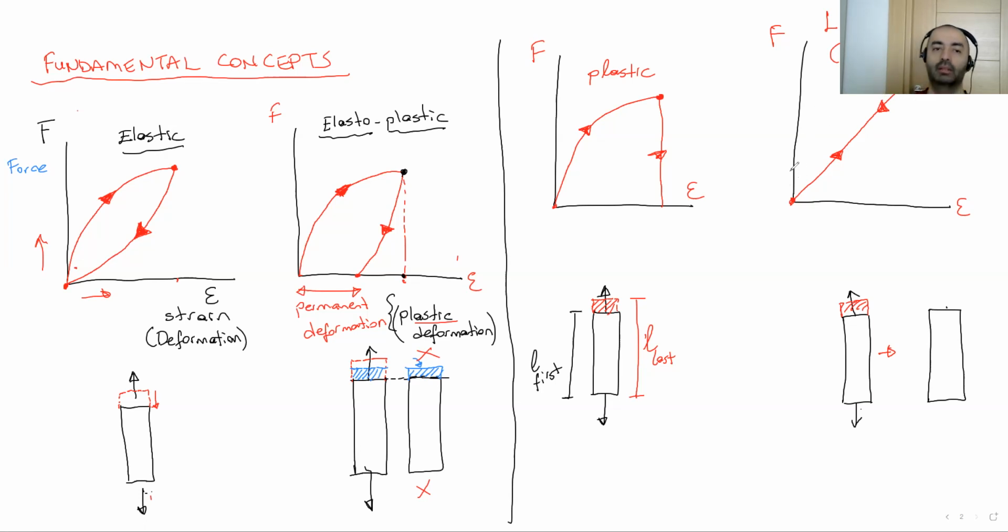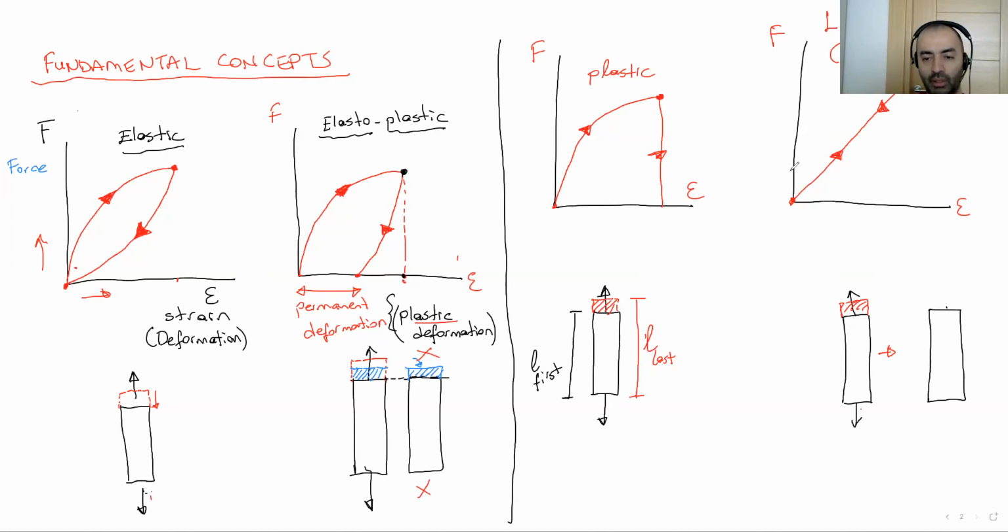What we learned here is that we have 4 different behaviors in strength of materials. Elastic material: we start from a point, we apply load, we increase deformation.